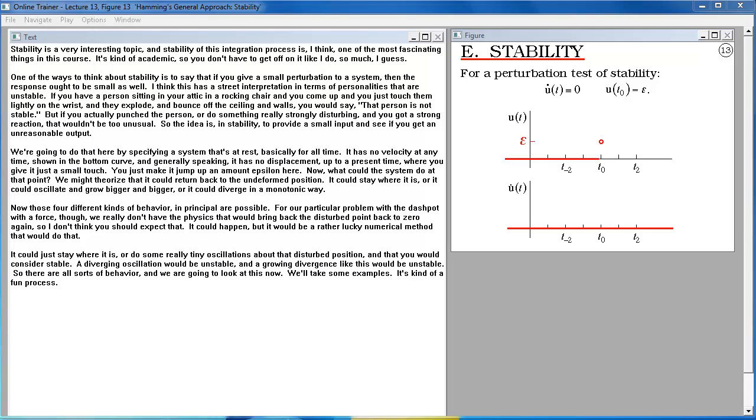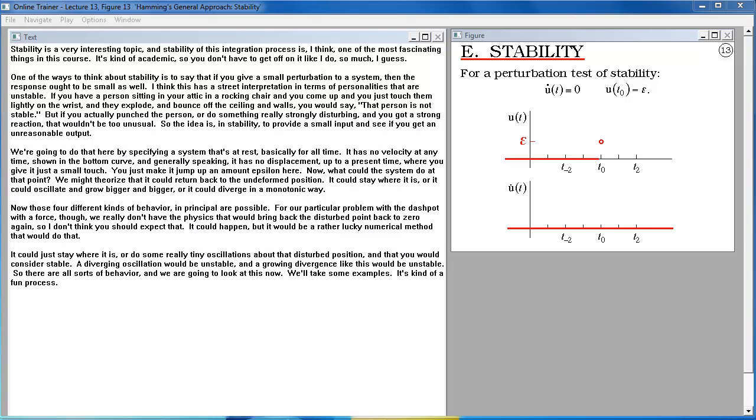I think this has a street interpretation in terms of personalities that are unstable. If you have a person sitting in your attic in a rocking chair and you come up and you just touch them lightly on the wrist and they explode and bounce off the ceiling and walls, you'd say that person's not stable. But if you actually punched a person or did something really strongly disturbing and you got a strong reaction, that wouldn't be too unusual.